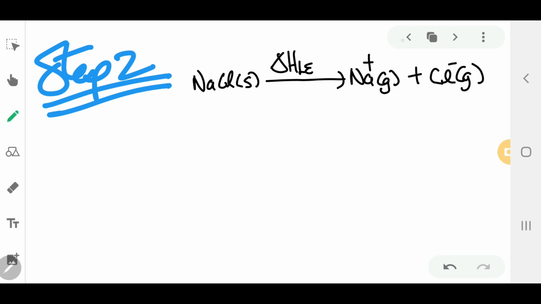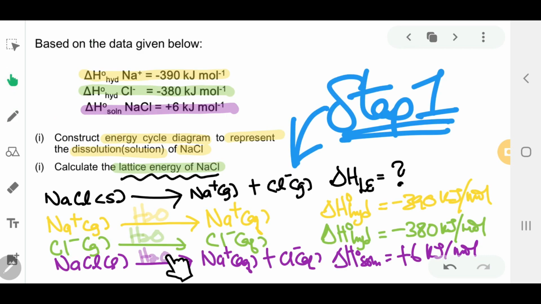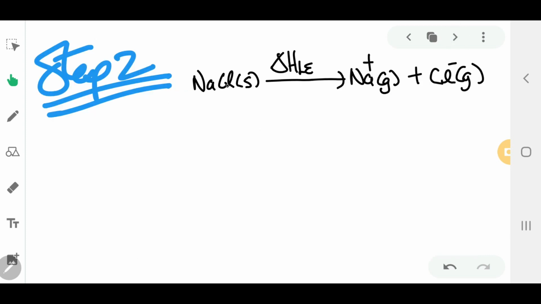And when you look here, you have the solution. Okay, you have the solution process for Na plus Cl minus from NaCl, and that is plus 6. So you can start from there. I'm going to do that in purple. So this is the enthalpy of solution.